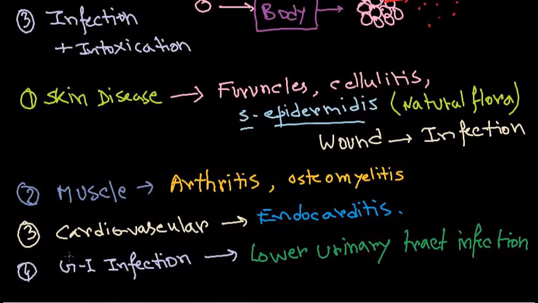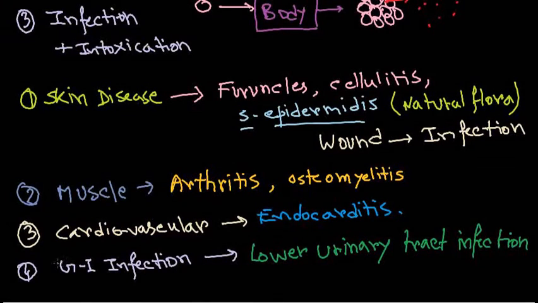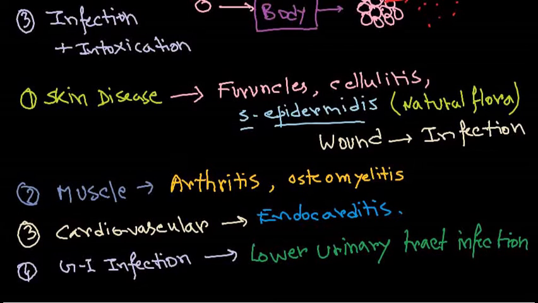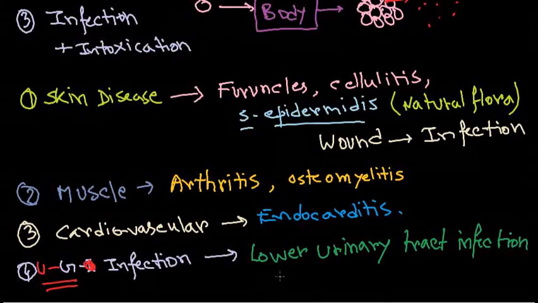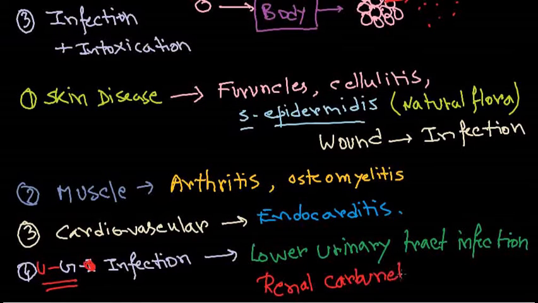Actually these are not GI tract infections, they are urinogenital tract infections. So it's a correction here, you must put UG, or urinogenital tract infections, because lower urinary tract infection as well as renal carbuncle are both associated with the urinogenital tract.